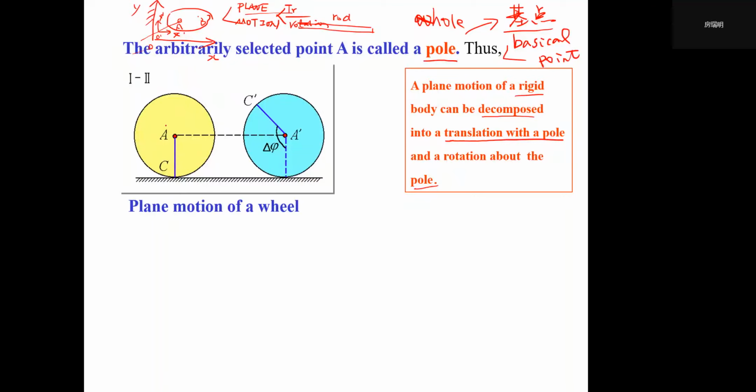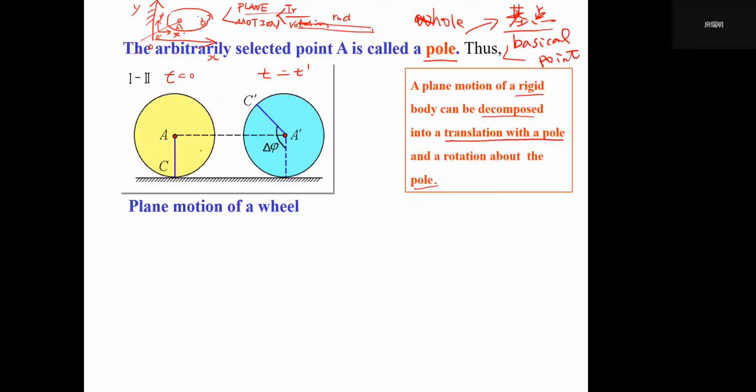So if this wheel from t equals 0 to t equal t prime, maybe this wheel rotates from here to here, from the yellow position to the shallow blue position, right?